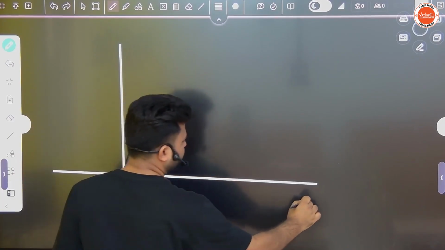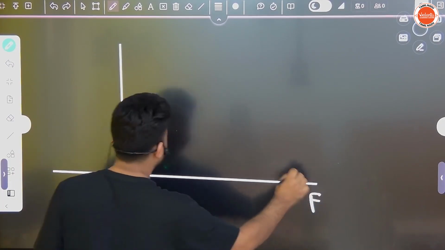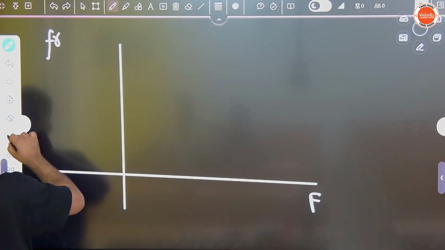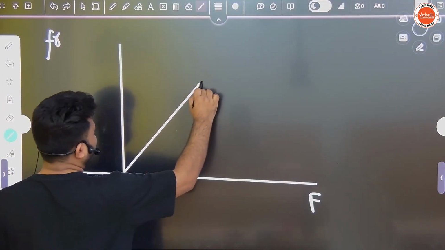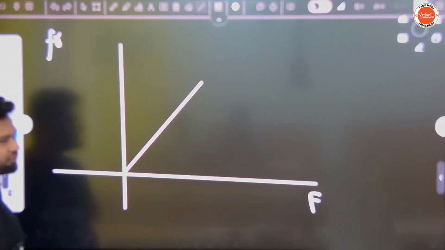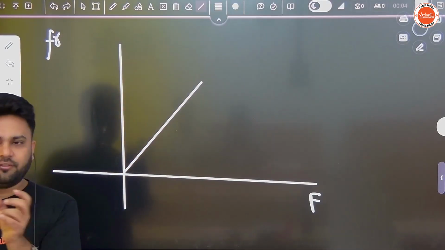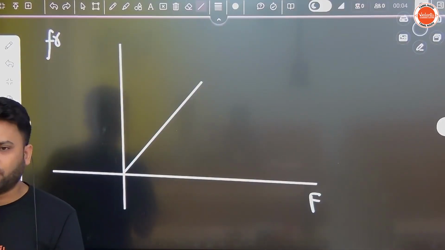This is the force you are applying. This is the friction, this side friction. So force is 0, friction is 0. Force increases, friction increases. So it is a linear graph, a straight line. Y equals x: 0, 0, 1, 1, 2, 2, 3, 3, 4, 4.